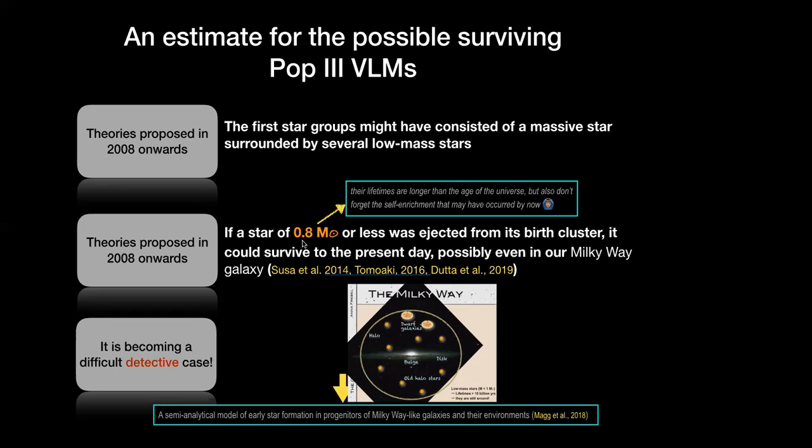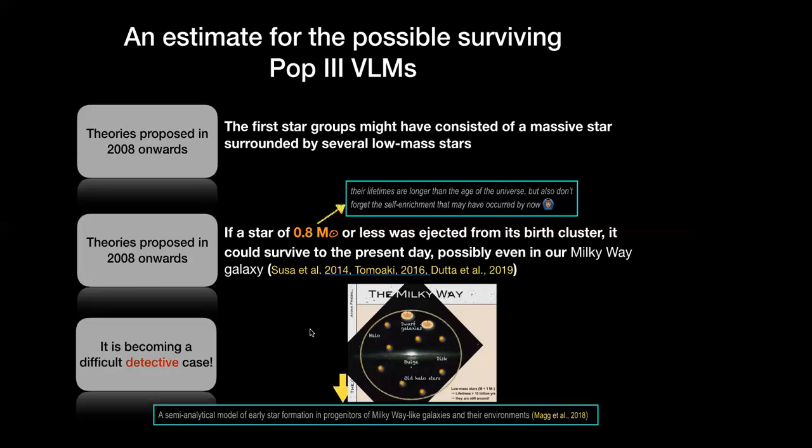So suggested that a 0.8 solar mass object, if it was ejected from the parent cloud or from the parent disk, can survive even today. And people are suggesting that you can find these first generation stars if you look into the Milky Way halo or the dwarf spheroidal galaxies around the Milky Way halo. These are the potential sites where you can find these objects.